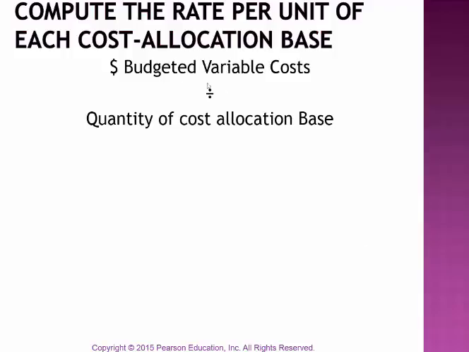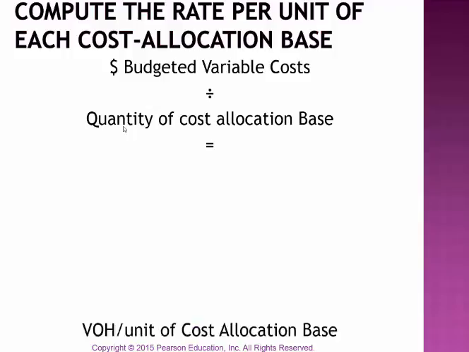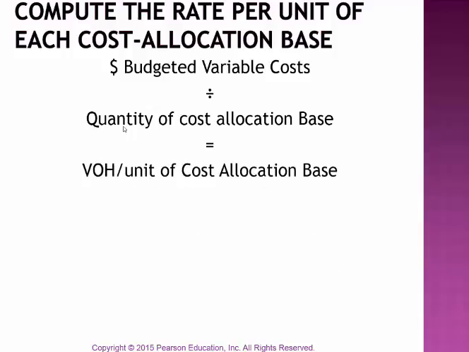Now, consider here, folks, that these are both estimated numbers. The estimated or budgeted total amount of the variable cost per this cost allocation base divided by the estimated or budgeted quantity of the cost allocation base that we expect during the period. And that's going to give us a variable overhead per unit of the cost allocation base.